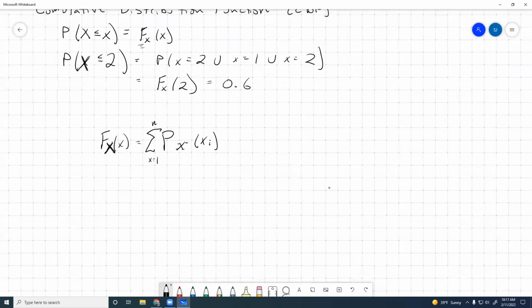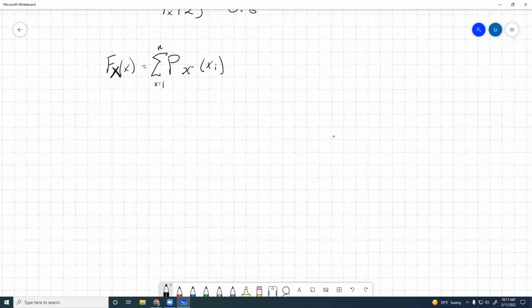For a discrete variable, we have to draw out the cumulative distribution function. So we have x again on this, we have 0.